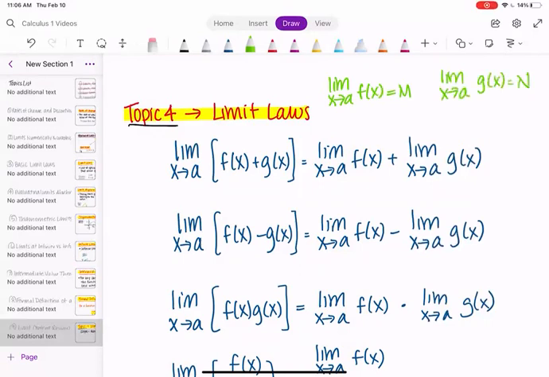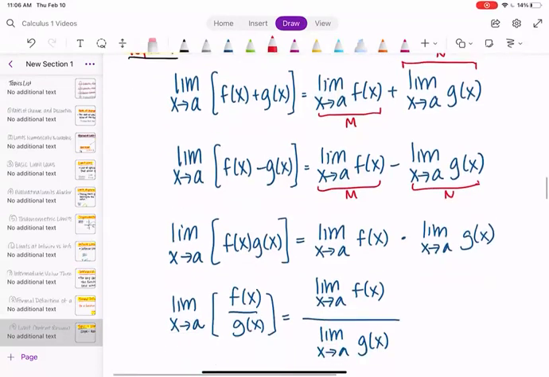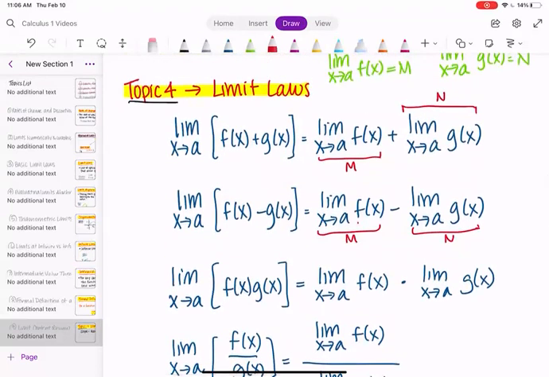So basically in that video, all of these, like this would be m, and this would be n. And same thing, m, n, and so forth. Just remember that f of x went to m and g of x went to n.